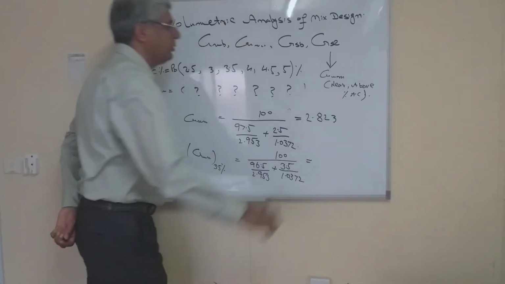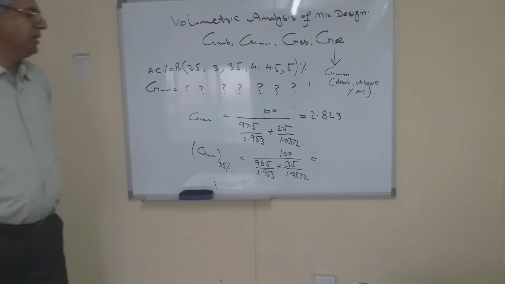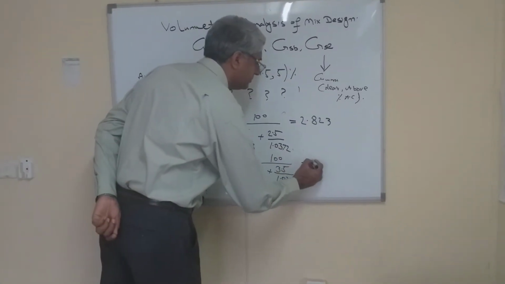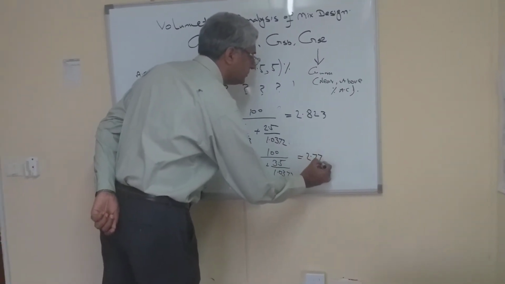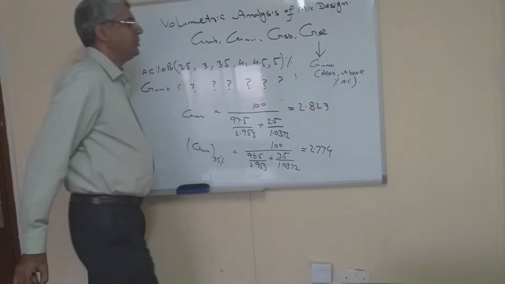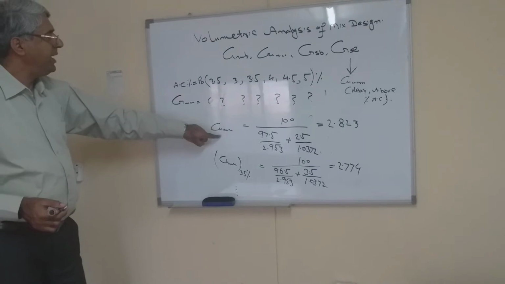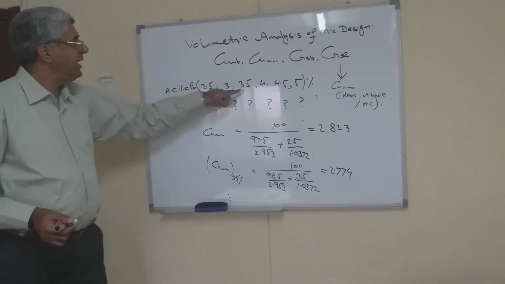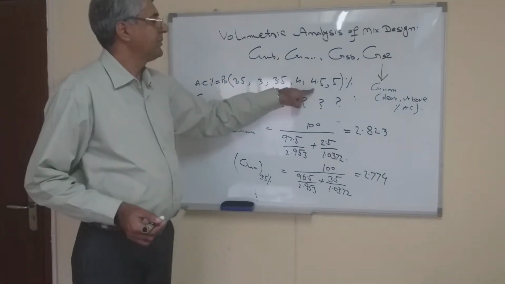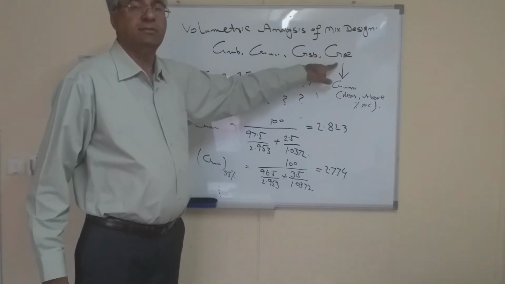When I make the calculation, its value will come 2.774. So this is just for your introduction, that how GMM is calculated at each asphalt content by using GSE.